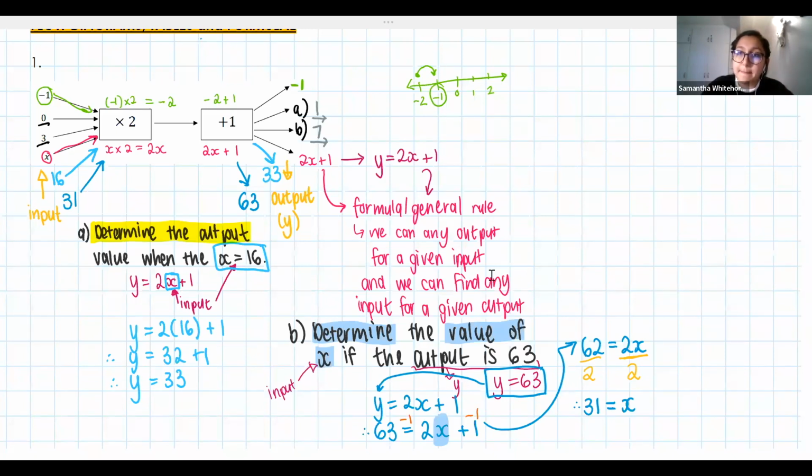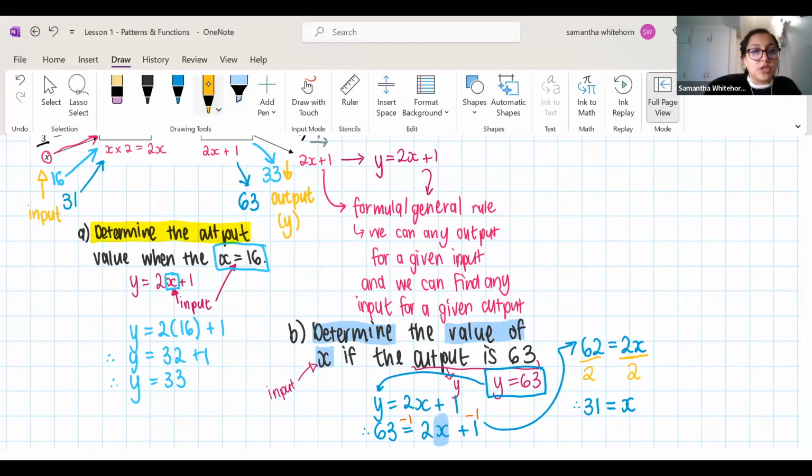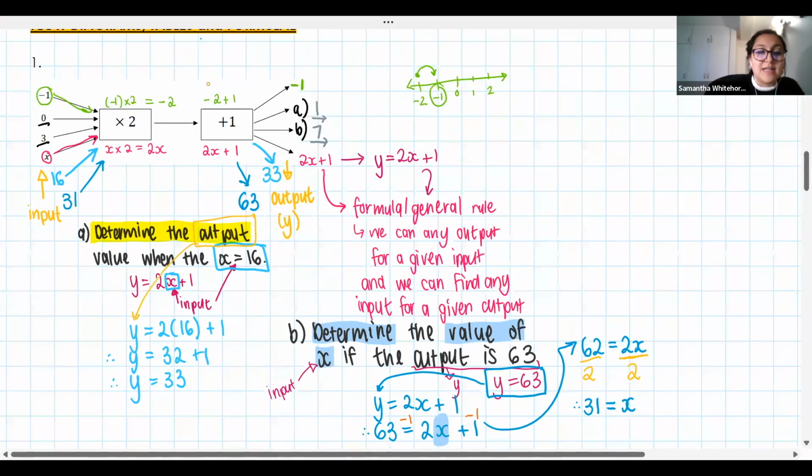Kelsey? Ma'am, how did you get it when you said y equals 2 bracket 16 plus 1? Why did you write y there, not x? Okay, because remember, what we were trying to do in that question was determine the output. The output is what I didn't know, so it had to stay y.